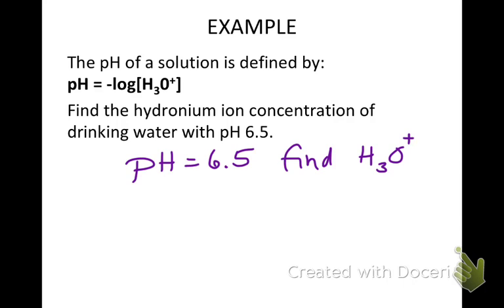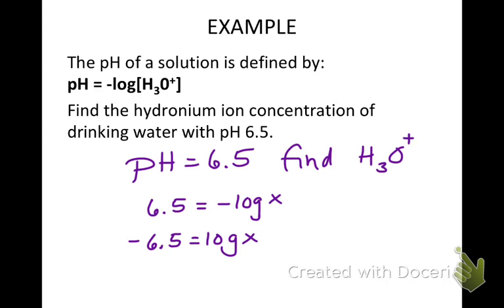So 6.5 is equal to negative log, and I'm just going to make that an x for now. Okay, so now we have a logarithmic equation that we now need to solve for. The first thing I would do is get rid of this negative in front of my log by either dividing it or multiplying out, which would make it become a negative 6.5 equals log x.